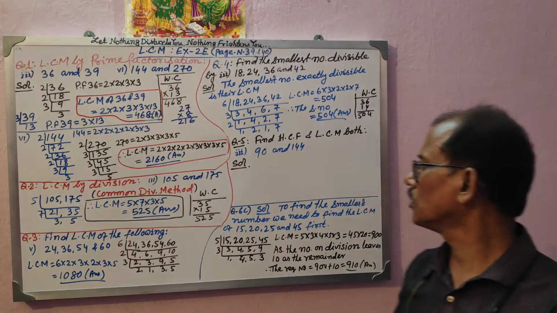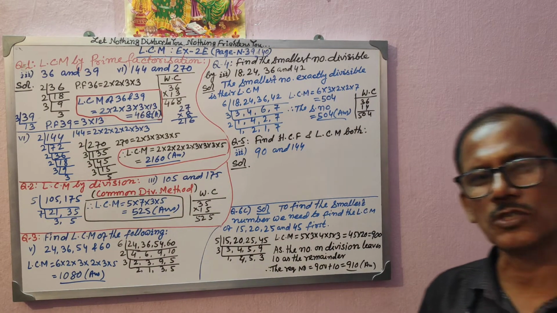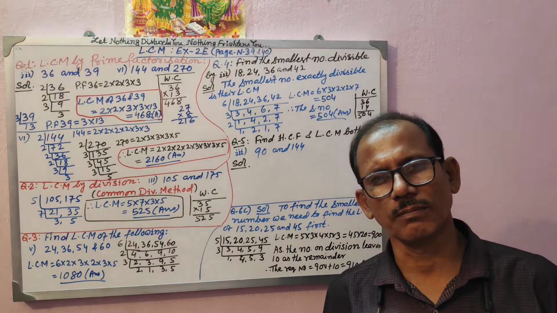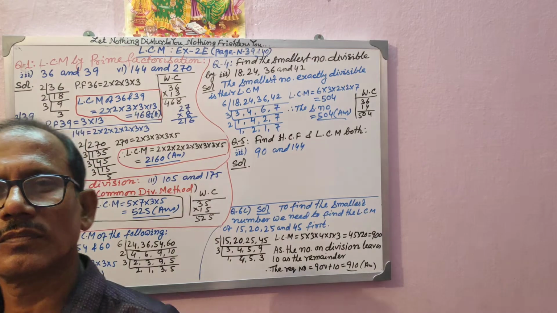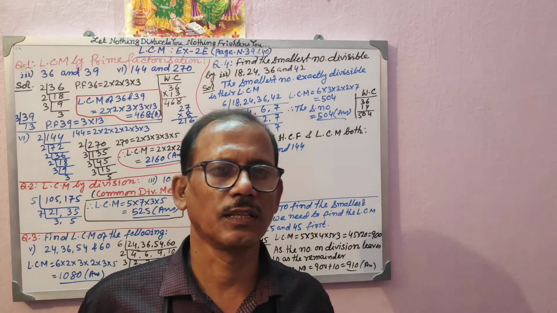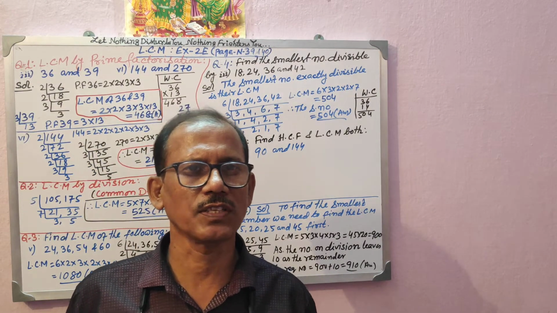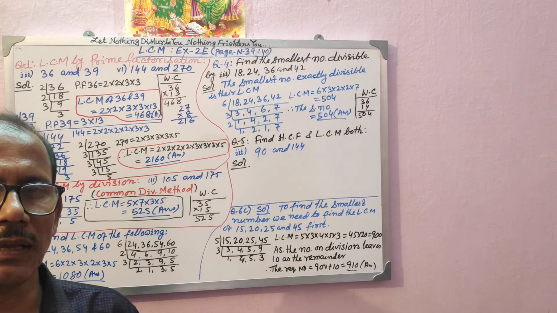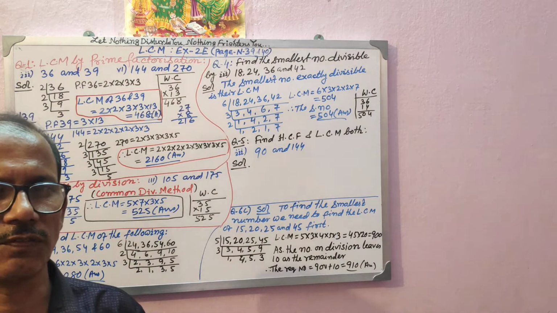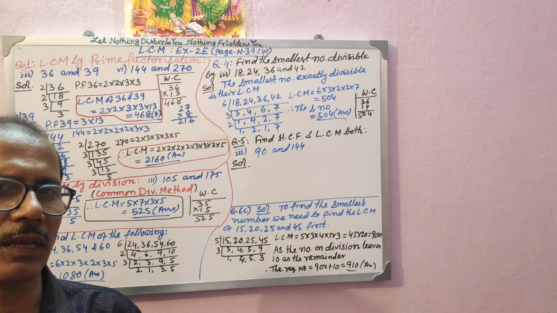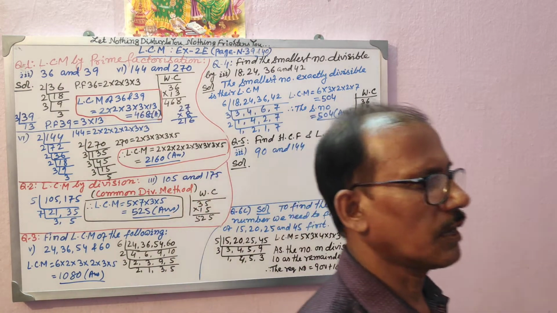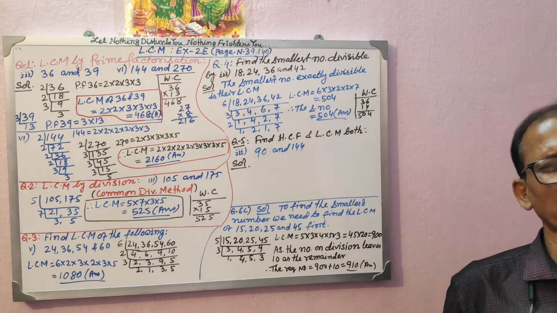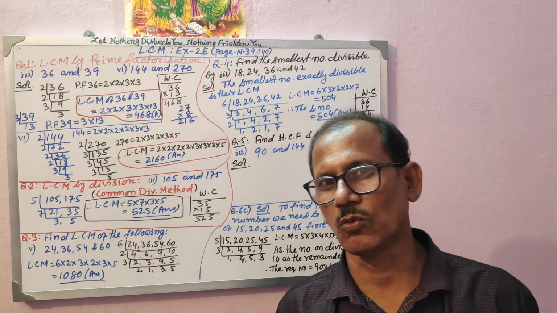First of all, you must know what multiples are. Multiples are what you find if you multiply any number with the natural numbers. The first multiple is what you get by multiplying the number by 1, the first natural number. For 7, the first multiple will be 7 into 1, which is 7.